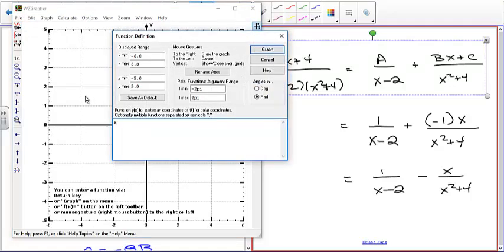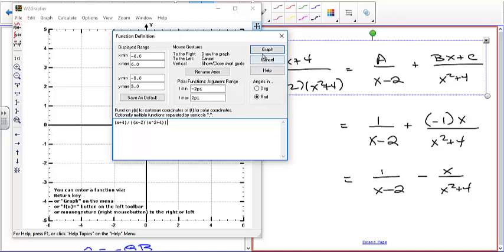So we have x plus 4. I'm going to put those in parentheses. x plus 4 divided by x minus 2, and let's just put two parentheses here. x minus 2 times x squared plus 4.